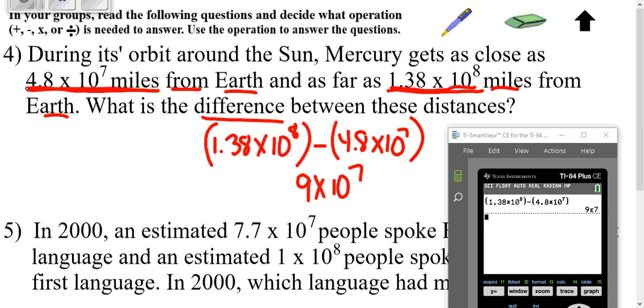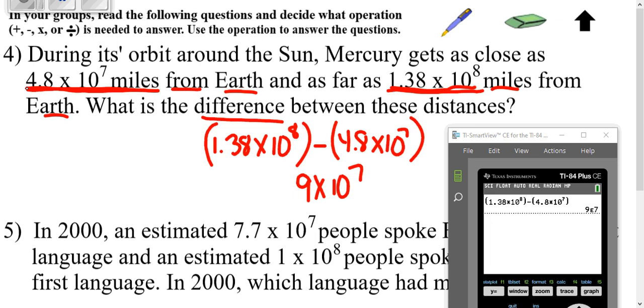If you put 4.8 times 10 to the 7th first, you would get a negative scientific notation, and we don't do anything like that in our classes. So you would just drop that negative, all right? It's the difference between the two.